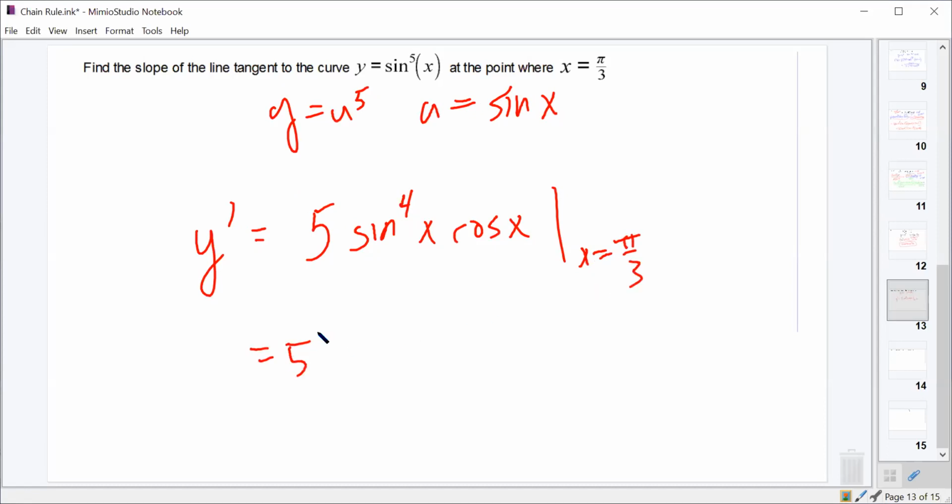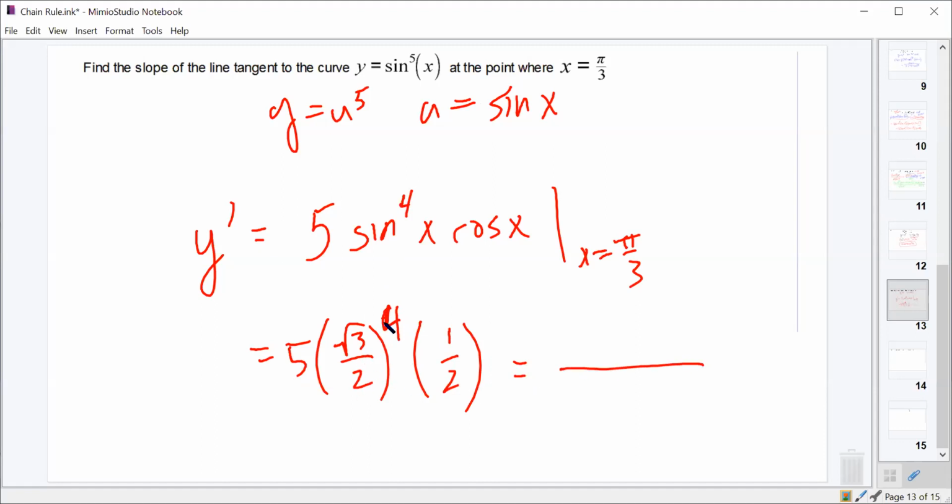So that's just 5 times sine of pi over 3. What's the sine of pi over 3? Root 3 over 2. Root 3 over 2 to the fourth, and then cosine of pi over 3, which is 1/2. All right, so what are we going to end up with in our denominator? 2 to the fourth times 2, so 2 to the fifth, which is 32.